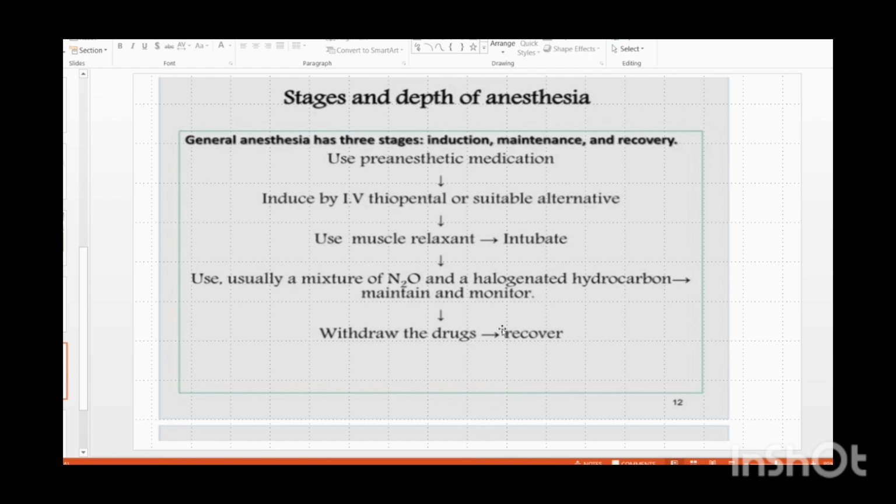Here the patient will be in stable condition, and the patient's vitals should be normal. If the patient starts normal spontaneous breathing and is maintaining saturation, that is the recovery period. At that time we can remove the tube and put a normal O2 mask after recovery. This is the step in general anesthesia.